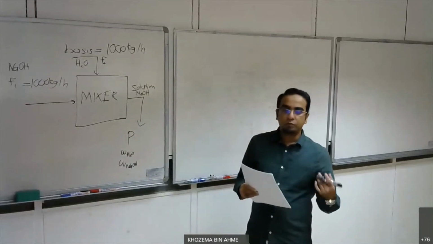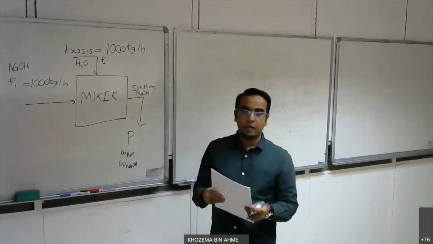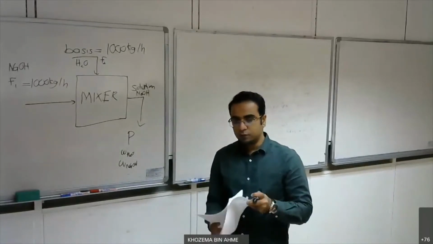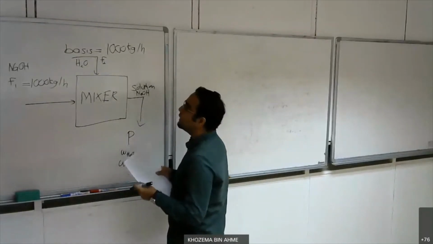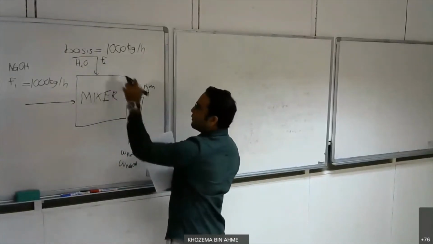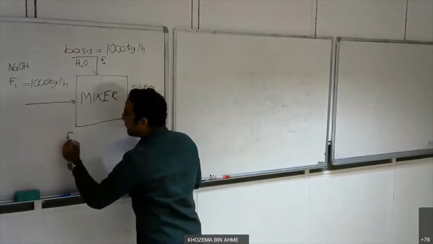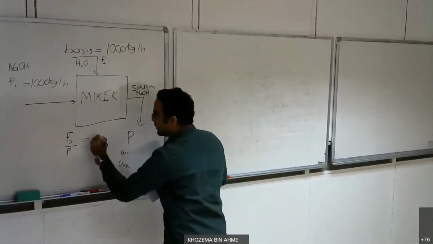And then we also say completely labeled, meaning whatever other information you have to put in from the question. So the question is saying that you have a relationship between your water and your NaOH solution, which is that I know that F2 over P is equal to 0.9.